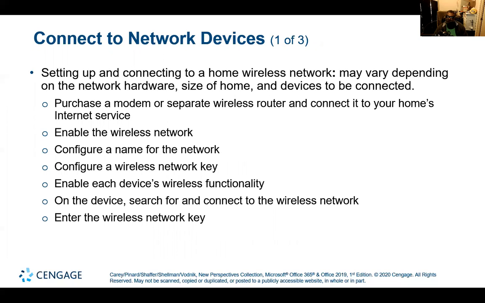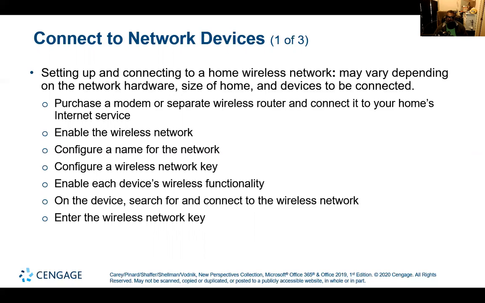So, connecting to network devices. Setting up and connecting to a home wireless network may vary depending on the network hardware, size of the home, and the devices to be connected. Purchase a modem or a separate wireless router and connect it to your home's internet service.